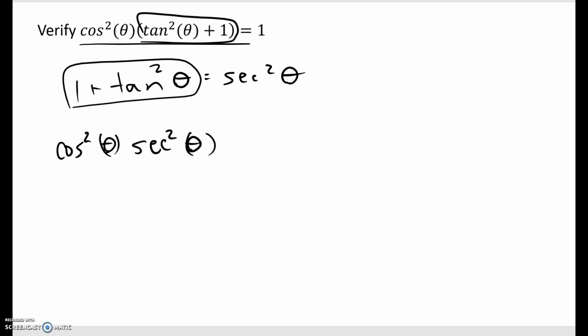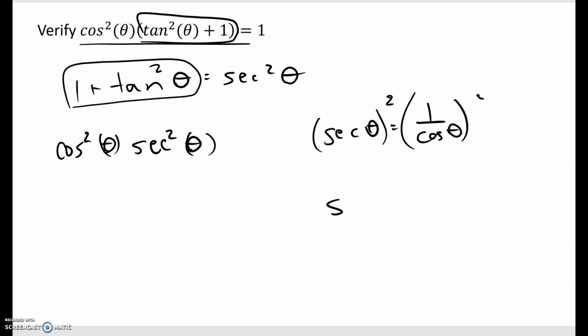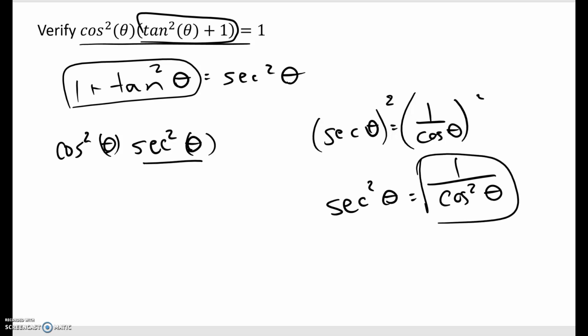Now, we know that secant of theta is 1 over cosine theta. If I square this, I have to square the other side. So secant squared of theta is equal to 1 over cosine squared of theta. Okay, so I'm going to replace this with this part right here.